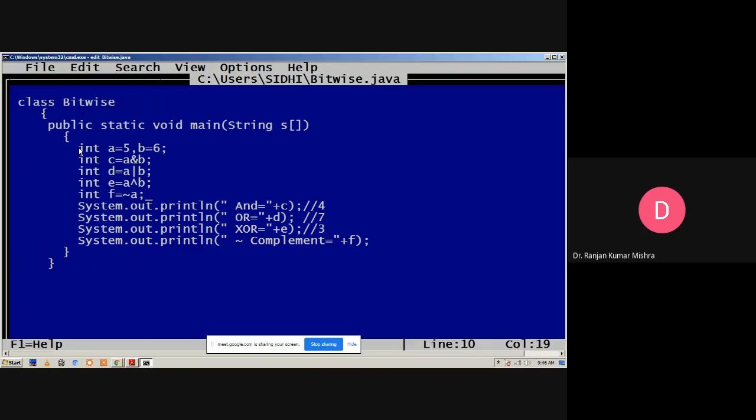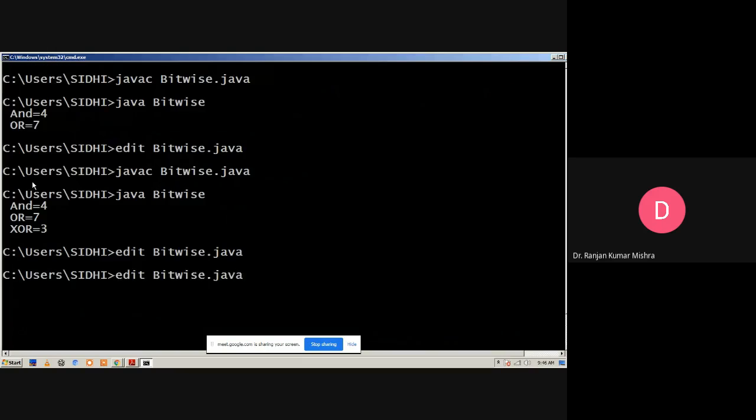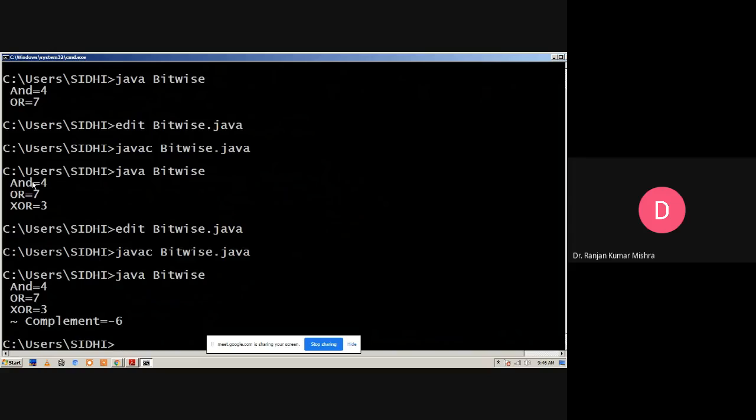Here we can also see it by the program. File exit. Javac. Okay, now -6.